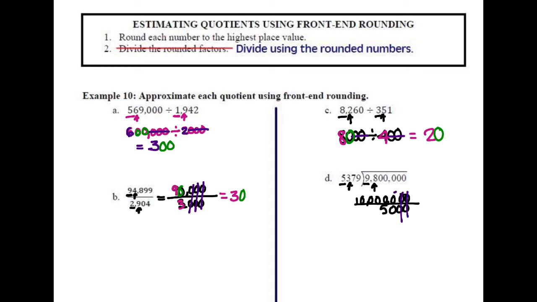So 1, 2, 3 zeros. And now we have 1 and a 5. And we can't do it, right? You can't do 1 divided by 5. So we're going to make it 10 divided by 5 is 2. And now we have 1, 2, 3 zeros left. So it's 2,000.